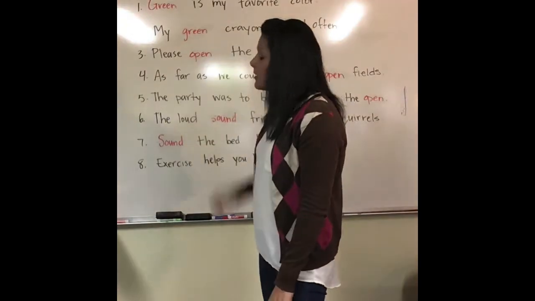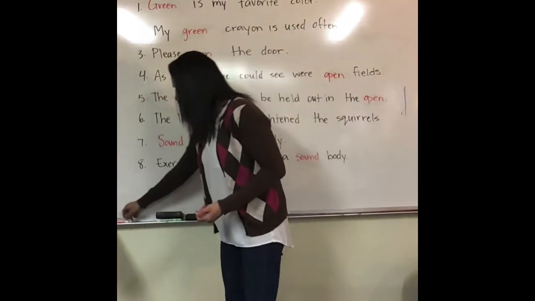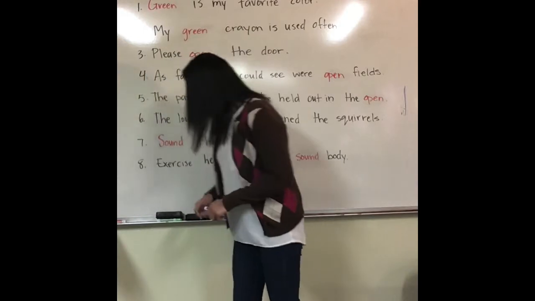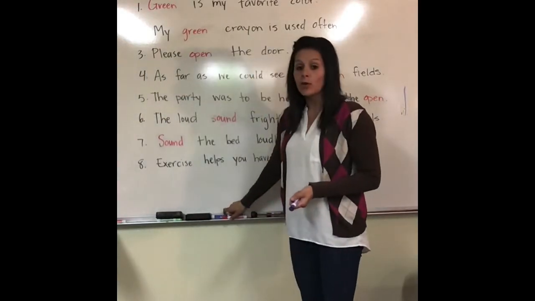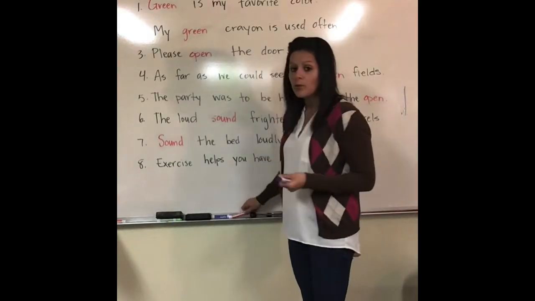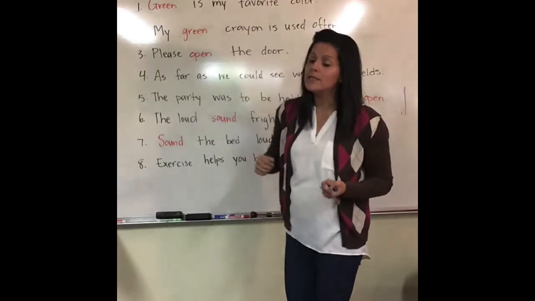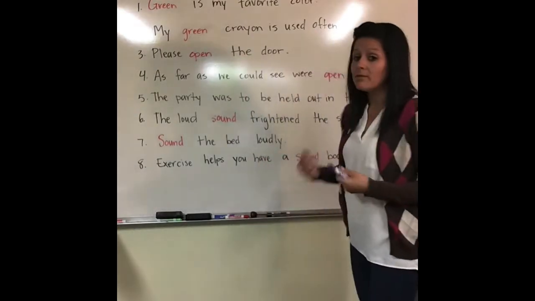So let's go ahead and now look at the first few sentences of Think A. Okay, in your book, the words are written in black, bold letters. Well, I couldn't do that on the whiteboard, so what I did is I wrote them in red, okay? So the first sentence says, green is my favorite color.